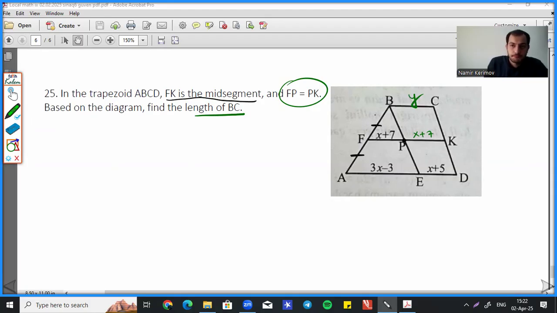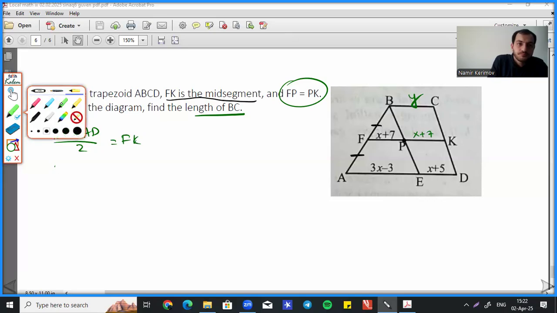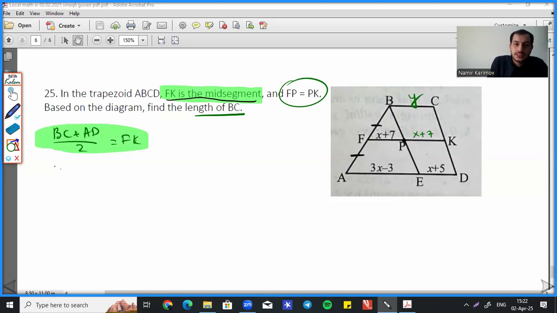Now we know that Y plus the length of AD, half of that, is equal to FK, because FK is the mid-segment. So BC is Y, and that length should be 4x plus 2.